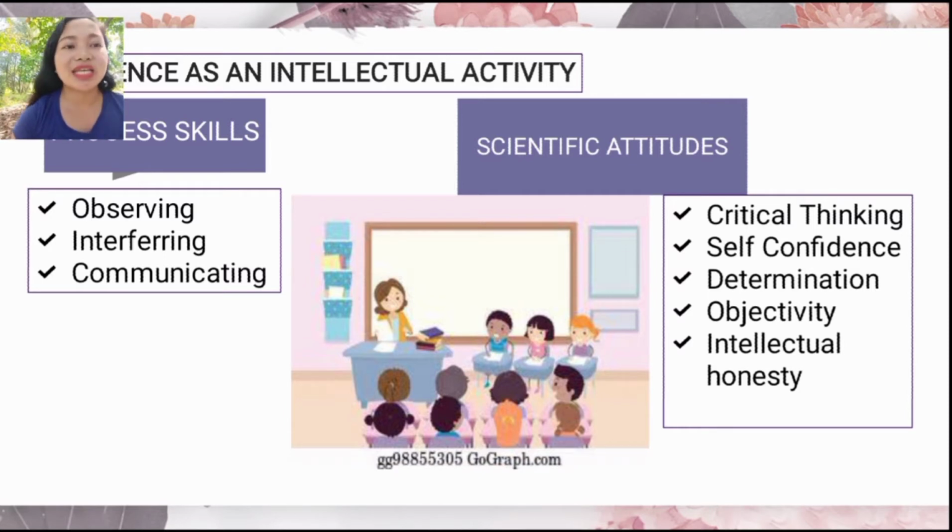So for the scientific attitudes, since this is an intellectual activity, of course this involves critical thinking, self-confidence, determination, objectivity, and intellectual honesty. Of course, you cannot cheat during quiz B. And during quiz B, you really have to make your mind work hard.